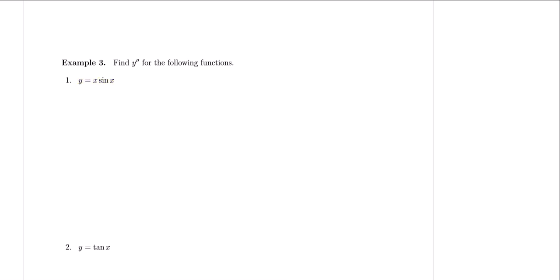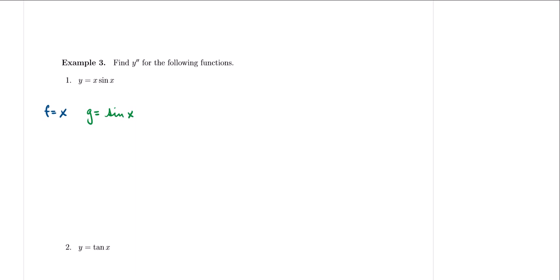Well, once more, I am dealing with the product of x times the sine function, so we'll keep on using the product rule. Now for this one though, I will not write down the product rule, although I will encourage you guys to write it down, and I'm just going to identify my functions first. In this case, f is the x, and g is the sine of x function.